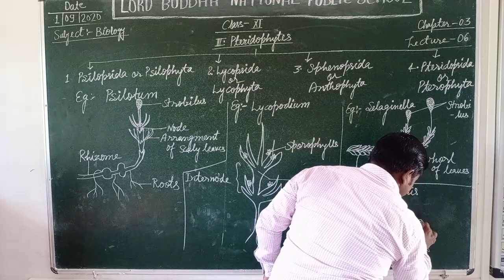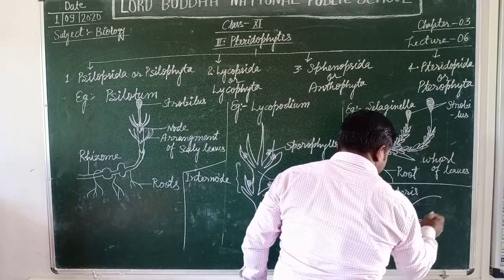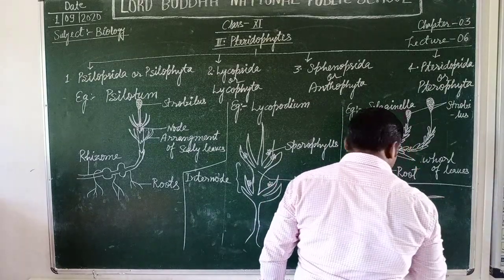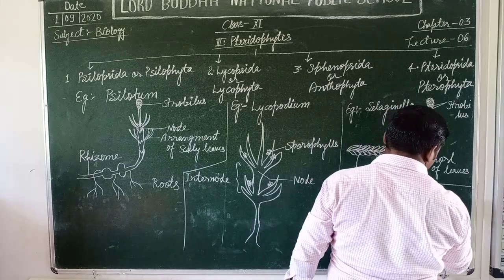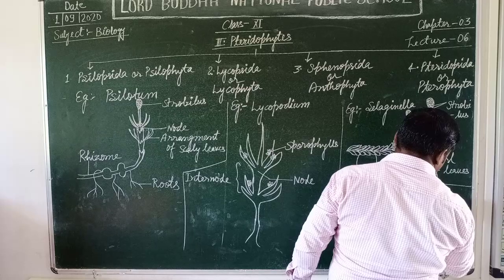These are the pinnate type of leaves, and a single rachis, also said to be the midrib, is present on the sporophyte.